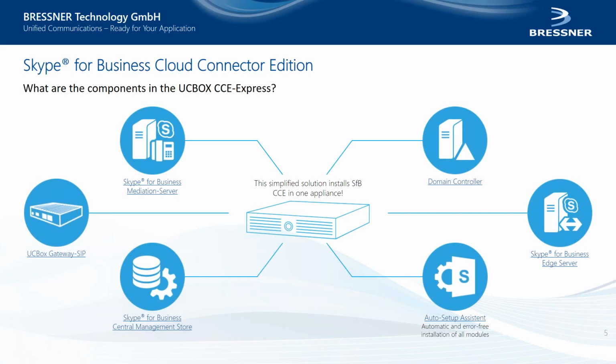It's preloaded, pre-configured, so you save this 1 hour. If you are not so familiar, you need about 3 or 4 hours for these steps. So it's a really quick installation for this Cloud Connector Edition. It takes about 52 minutes to start our installer and have a running system.